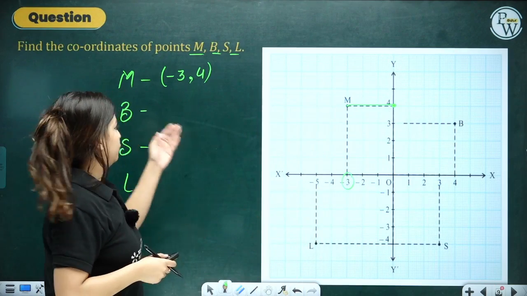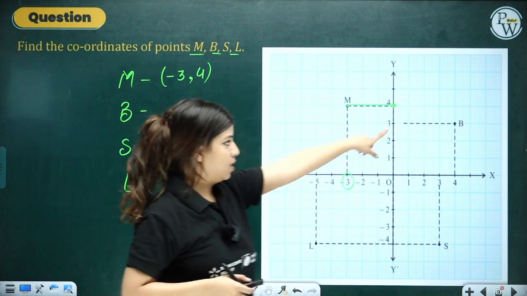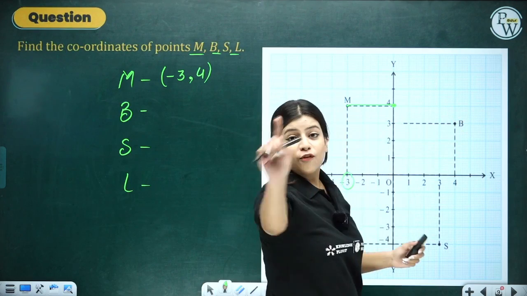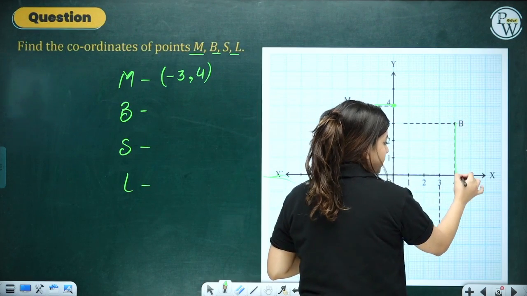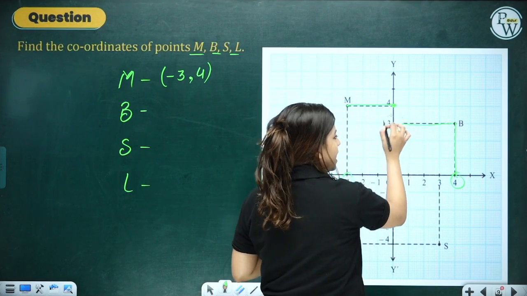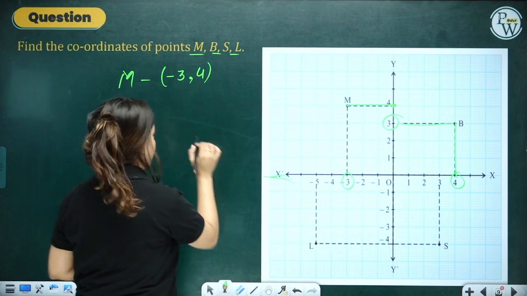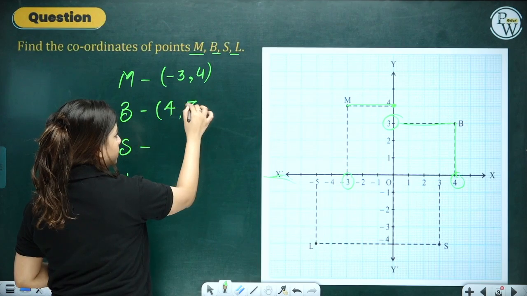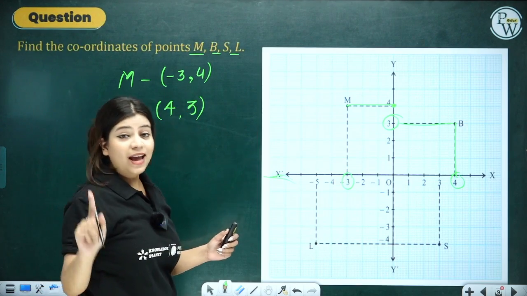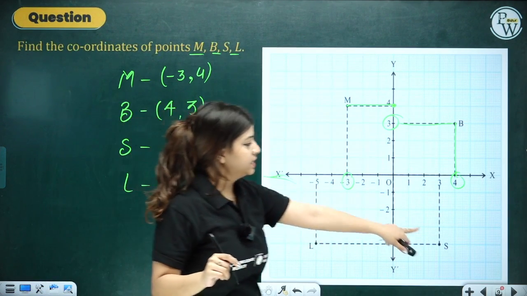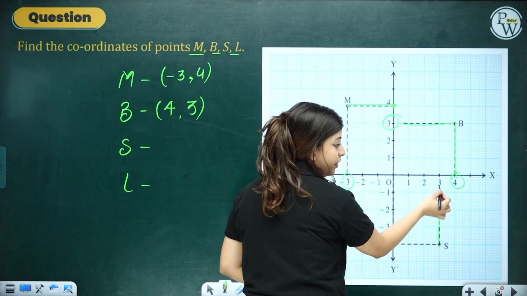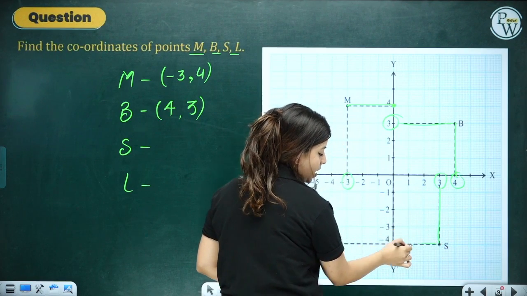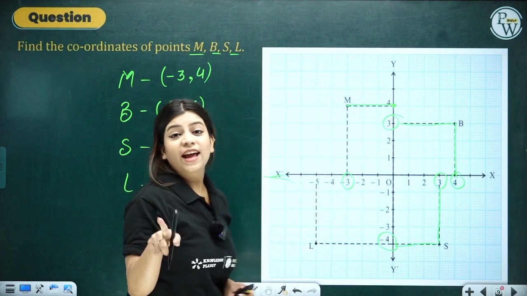Similarly, we can go ahead with B. Now, where is B in the plane? Over here, right? First of all, on the x-axis it is 4, and on the y-axis it is 3. So the point will be 4, 3, right? For the S point now, where is S? Over here. First of all, on the x, students, it's 3, and on y, it is negative 4.